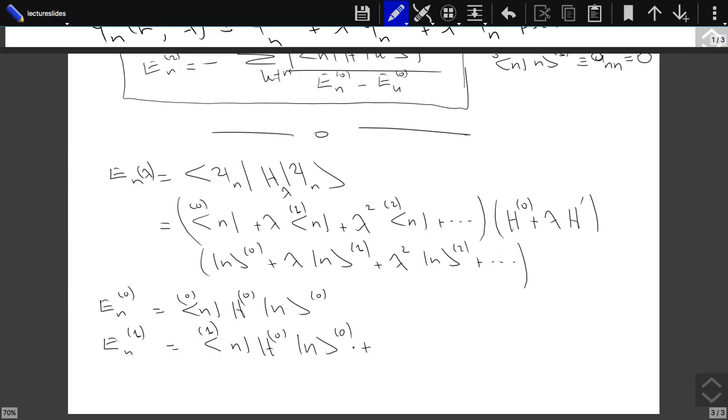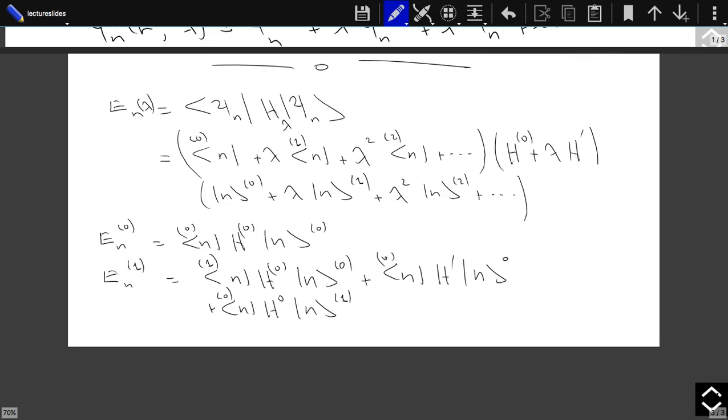|n0⟩ plus ⟨n0|H'|n0⟩ plus ⟨n0|H0|n1⟩. But now H0 acting on |n0⟩ is an eigenstate, so it will just give me an E0 times the overlap of n0 and n1.